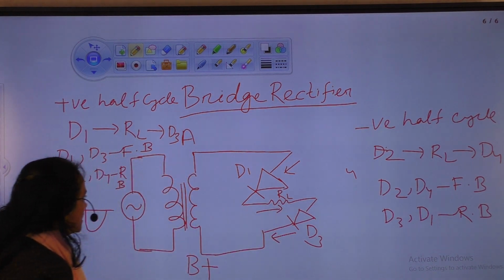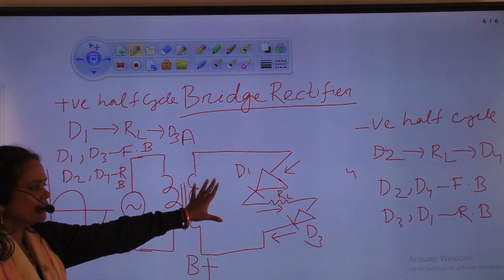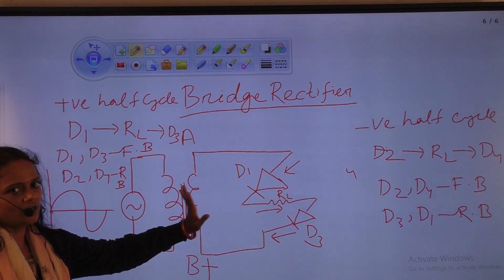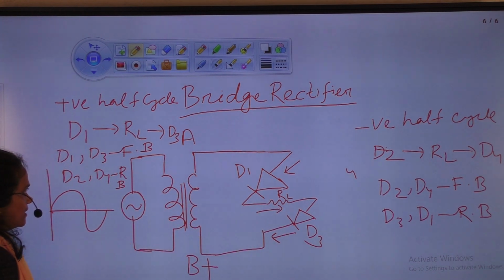So for positive half cycle, only these components are used for conduction.